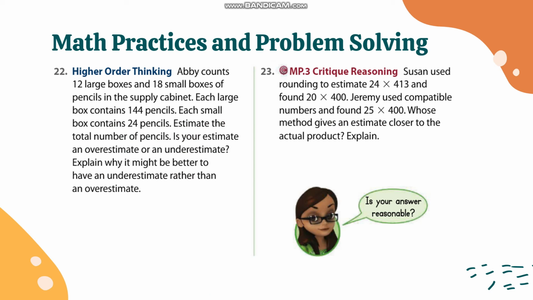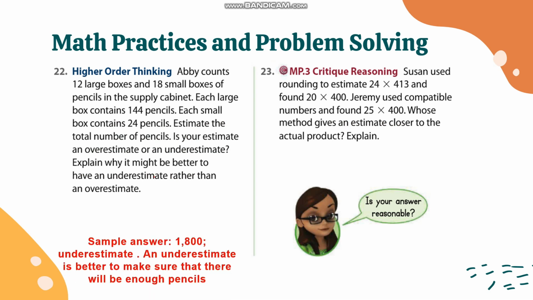Each large box contains 144 pencils. Each small box contains 24 pencils. Estimate the total number of pencils. Is your estimate an overestimate or an underestimate? Explain why it might be better to have an underestimate rather than an overestimate.